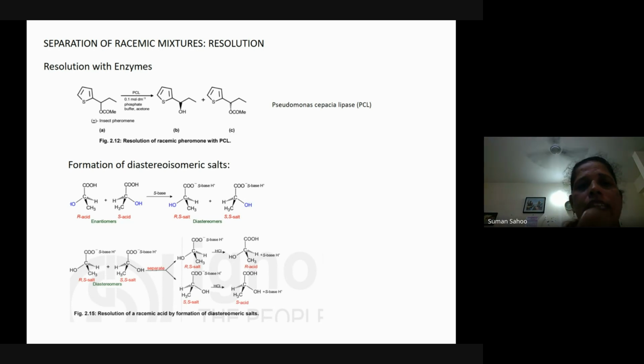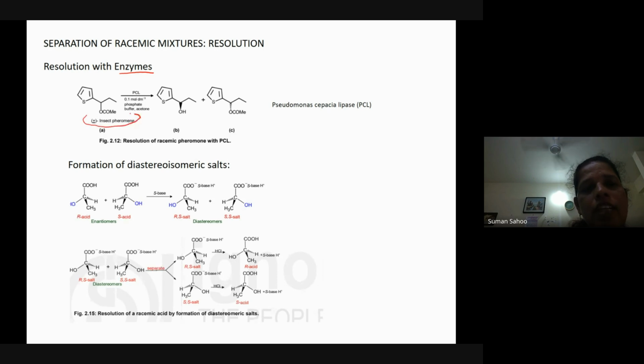The next one is resolution with enzymes. We know that enzymes are biocatalysts, which are very selective and specific, reacting only in a specified reaction. This is our racemic mixture.